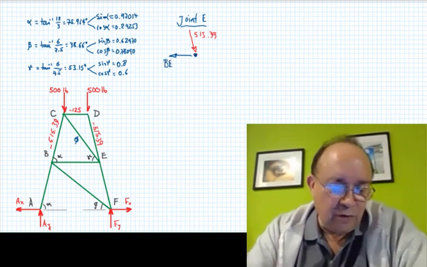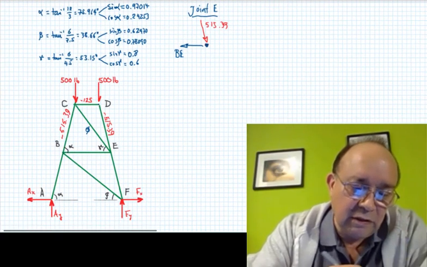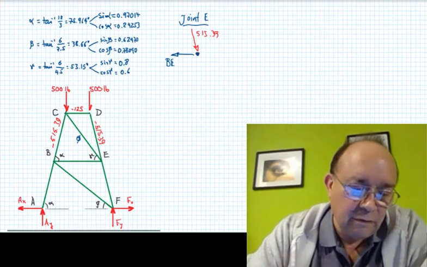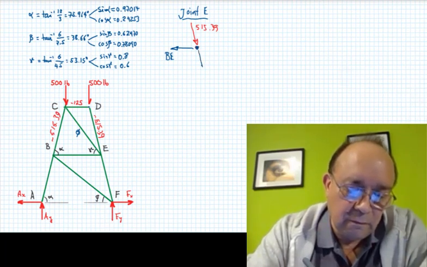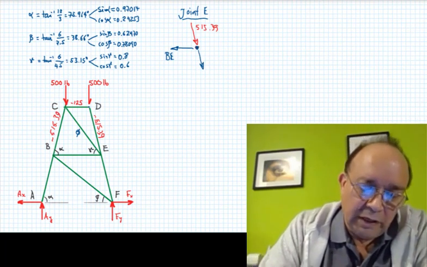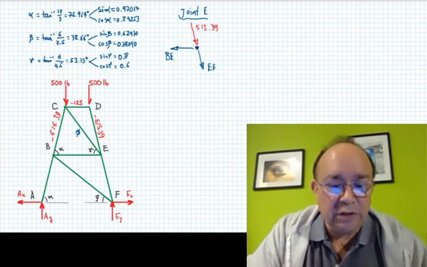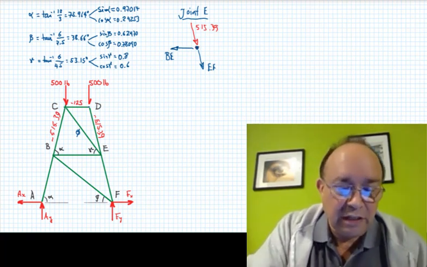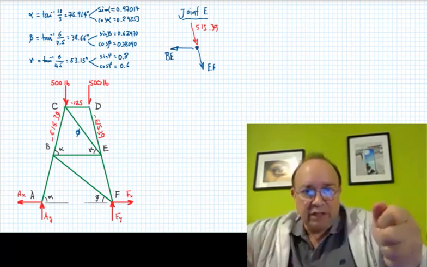There is another force going down, EF, in the same direction as this one right here. I don't know it, it's an unknown, so I put this force in as tension. Tension is pulling away from the joint.